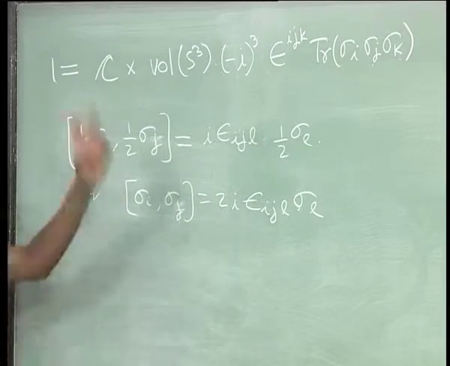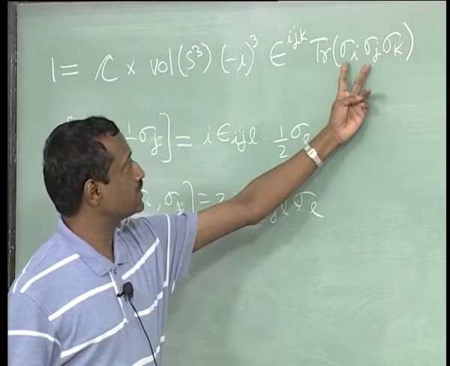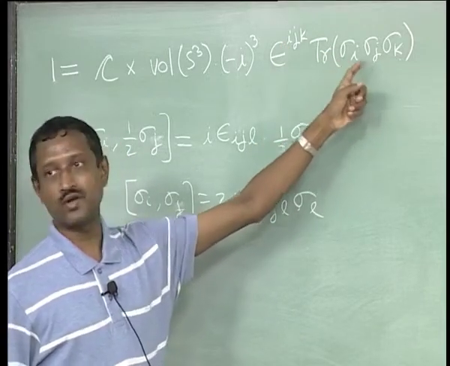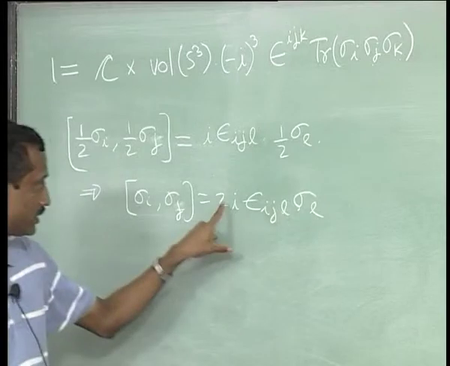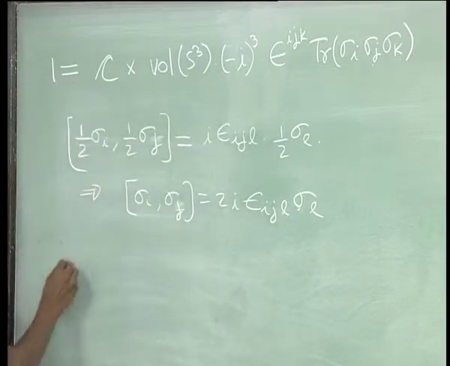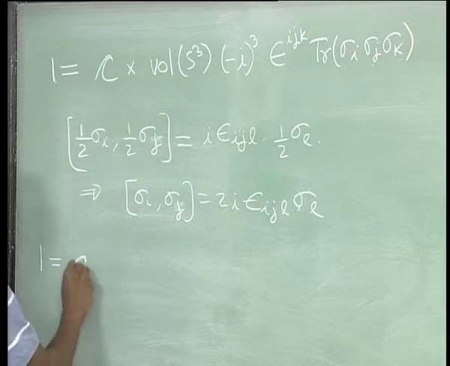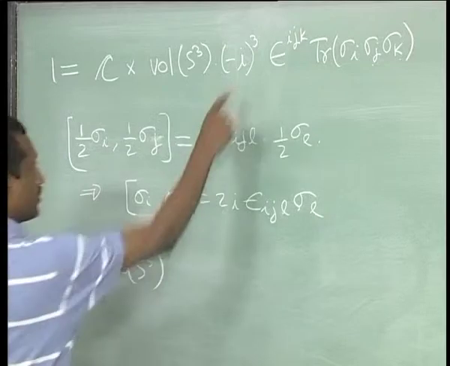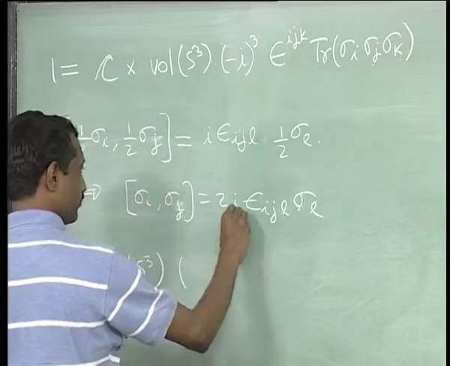Okay. So the trick to do this is to take sigma_i sigma_j, because there is an epsilon out here, I can write this as half of the commutator of sigma_i sigma_j, and that half will cancel this. Okay. So now I can just do this. So 1 equals C times the volume of S3, times, then you get an i out of here from this.